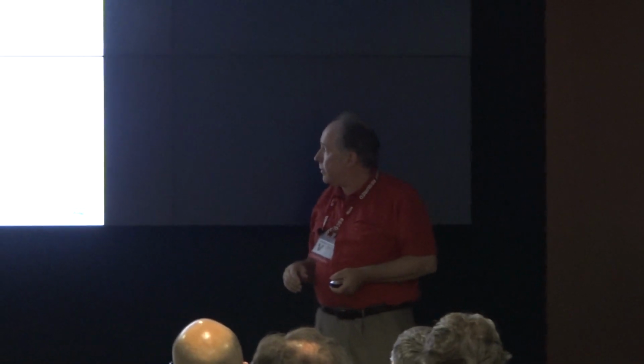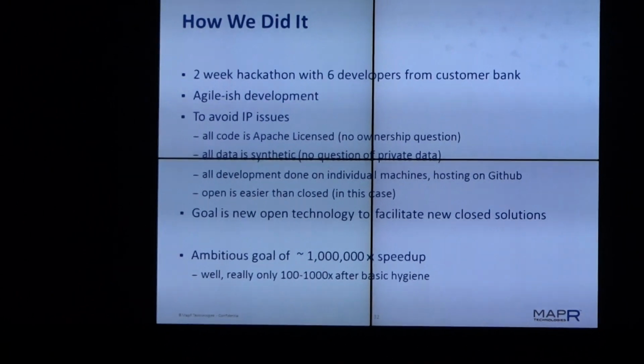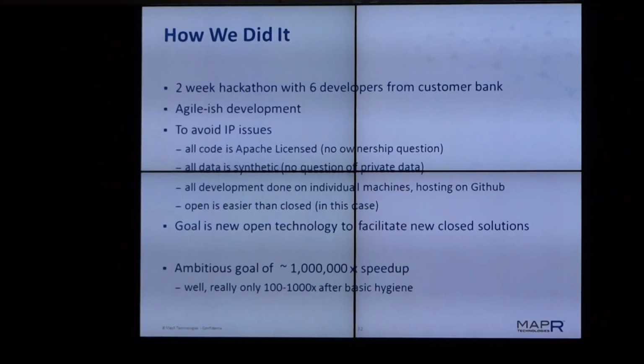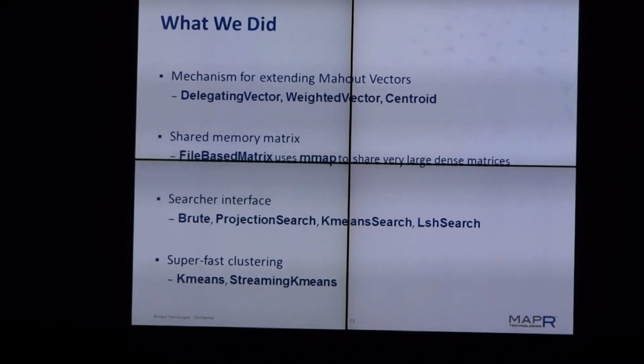So they, in the end, were quite happy with open technology there. And the ambitious goal was 1,000x speed up, but as I mentioned, really that meant 100 to 1,000x. And what's 100x speed up among friends, right? That's no big deal. Turns out it wasn't that big a deal, happily.